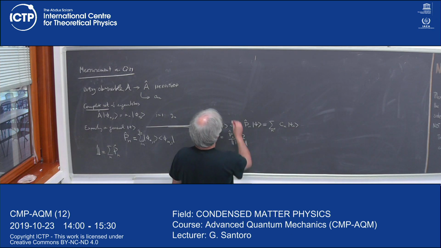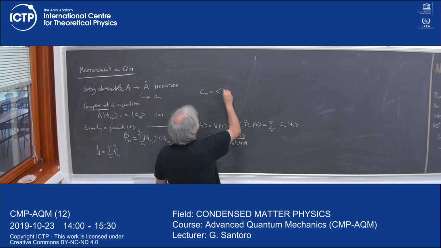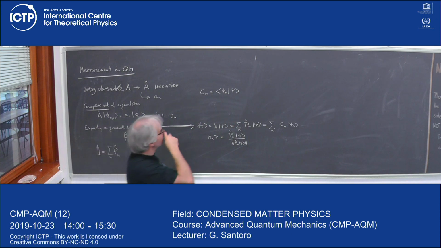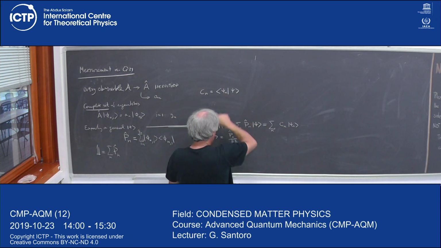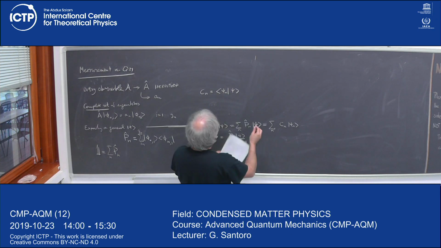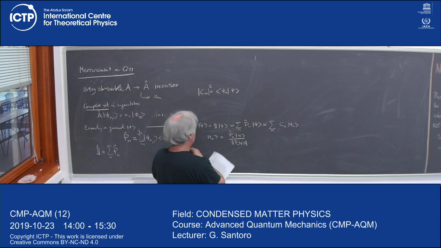Therefore, if I ask you to calculate Cn, let's see, Cn is equal to what? It's the inner product of psi n with psi, the usual trick. But psi n is this object. Well, let's write in fact Cn modulo square, which is what we need.